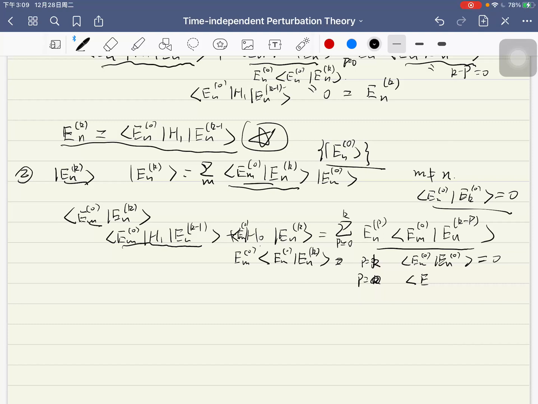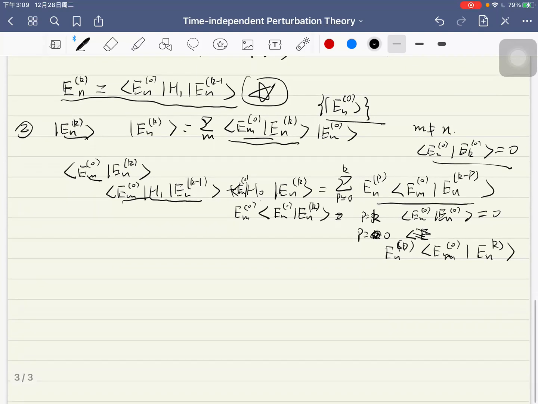And for the rest we have E_mp E_n0, E_m0 plus E_nk. So we just take out these two terms and leave the rest of the terms, and we combine these two terms.